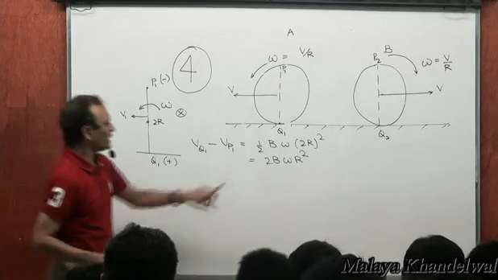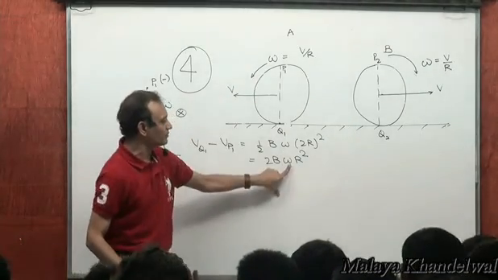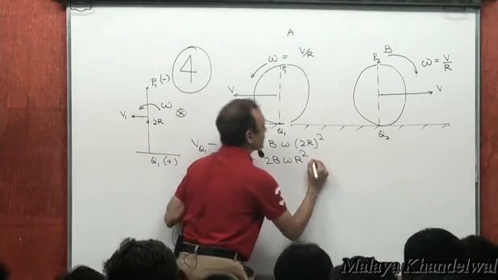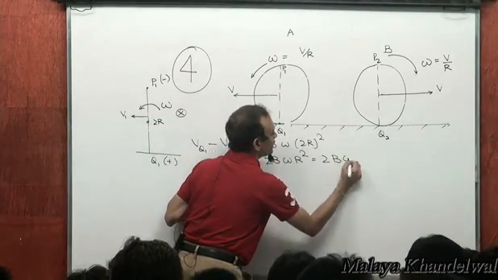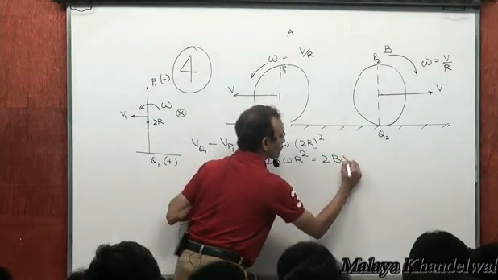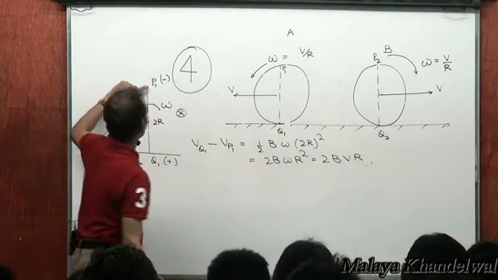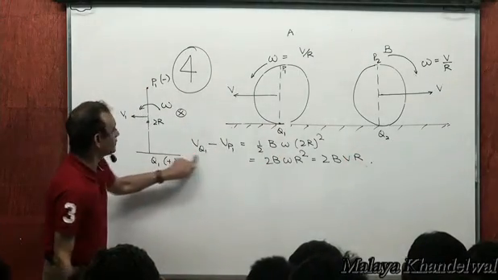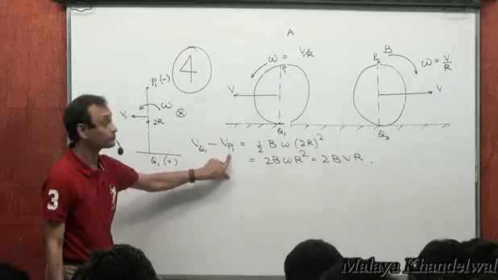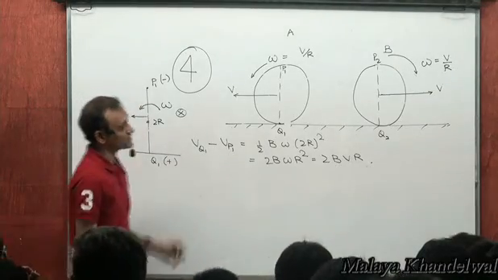Yes or no? Where if I replace omega by v by r, this becomes 2Bvr. Now that's as far as P1Q1 is concerned.